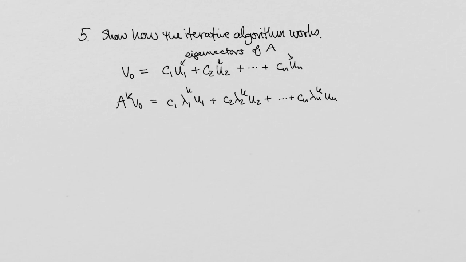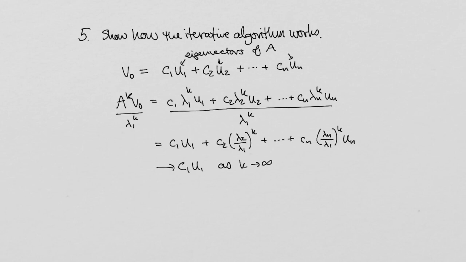Intuitively, the first term here is much larger than the other terms if λ1 is the largest eigenvalue. One way to show this rigorously is to divide both sides by λ1 to the k and take k to infinity. Then we can write the ratio of A to the k v0 by its norm as follows.